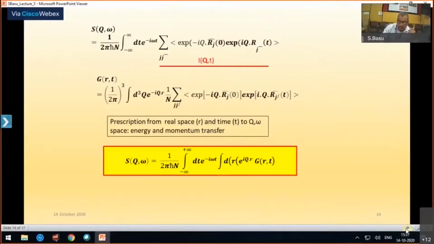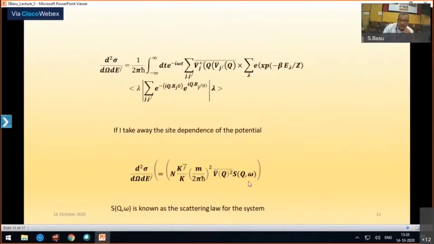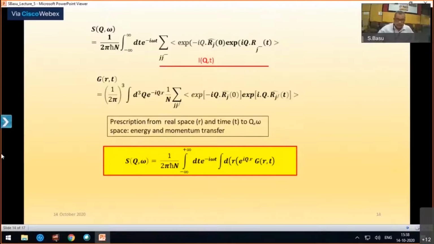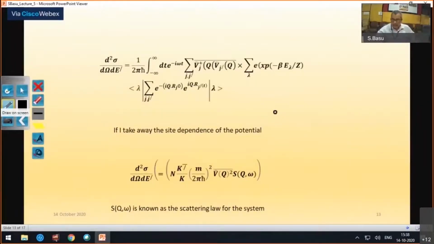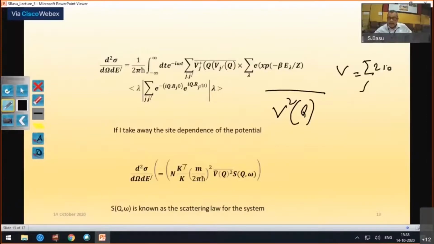So this is what S of q omega is. If I take out these terms, this average value of v q square will, in our previous case, you remember I had introduced v equal to sum over j of 2 pi h square by m delta of r minus r_j.